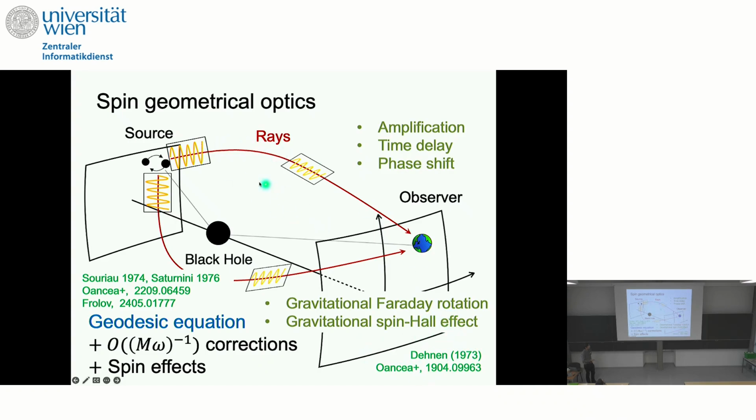Schematically, this is a polarization direction, and during propagation in curved space-time, the polarization direction will be rotated and then observed by us. This can be analyzed by the geodesic equation with some correction by spin effects, and several approaches have been proposed, and this field is also very actively explored recently.